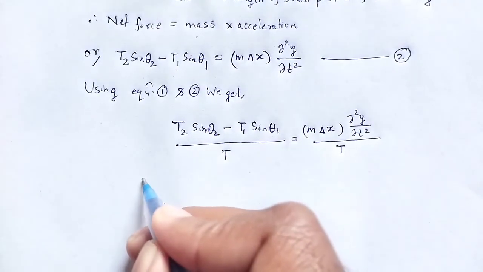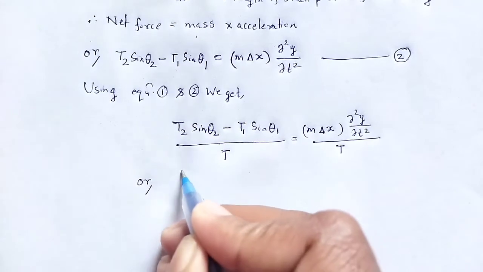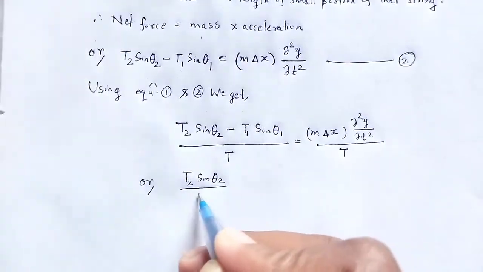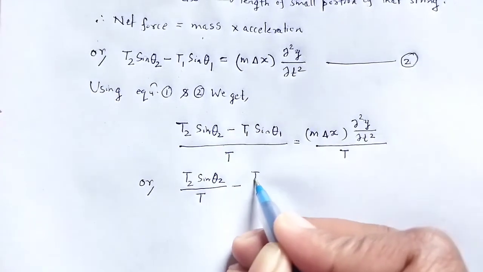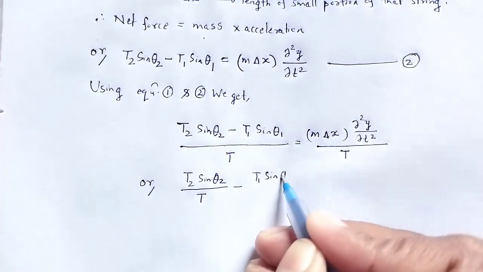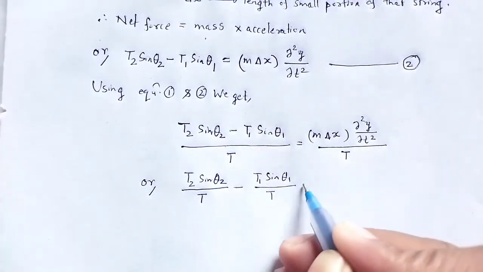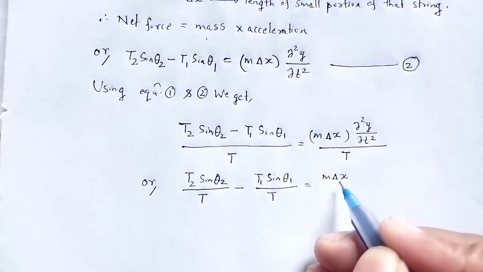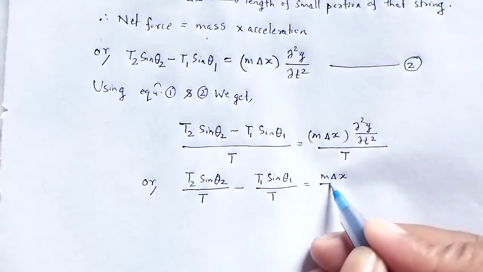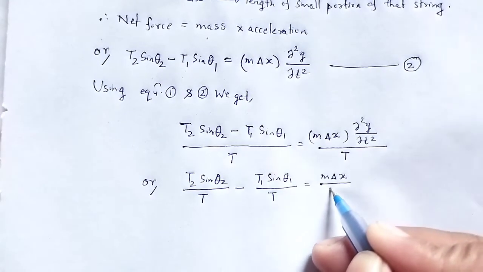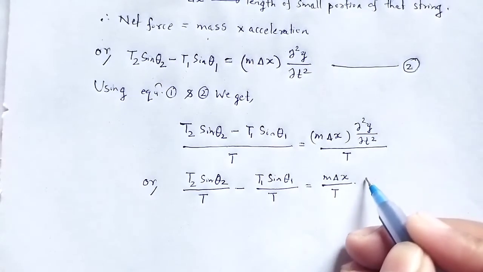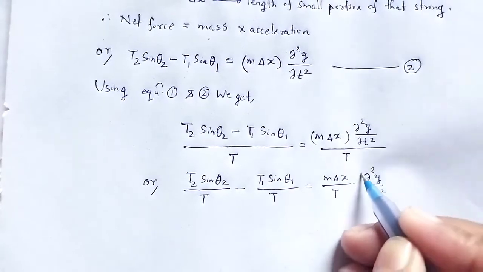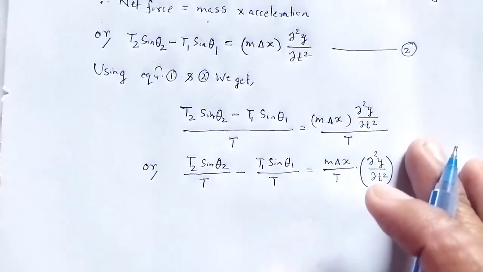Now we can separate: T2 sin theta 2 by T minus T1 sin theta 1 by T is equal to m del x divided by T, del 2y by del t2.